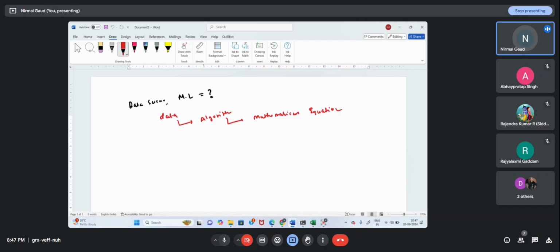Because you are working on AI, you feed data into an algorithm, into a model, and you get some result. Now you compare this result with the actual, and if there is a difference you call it error.